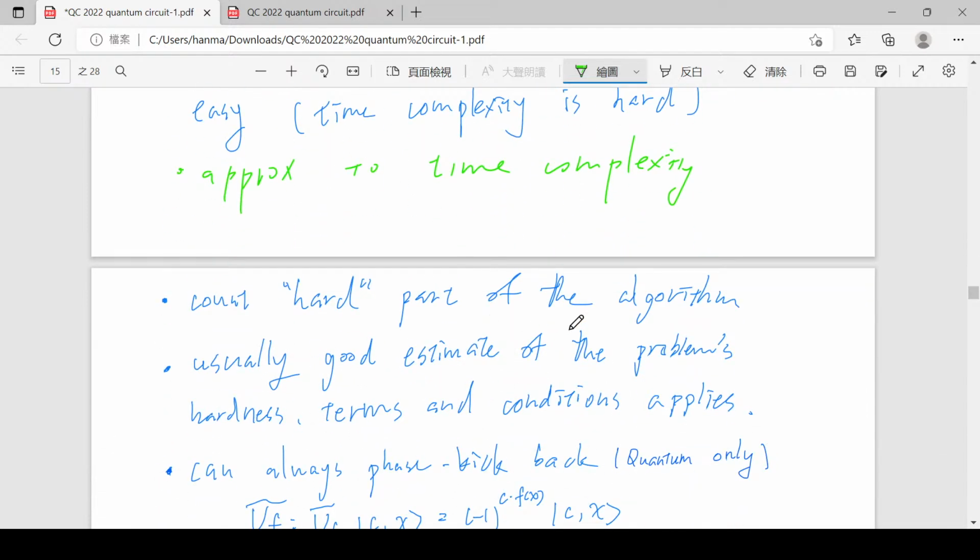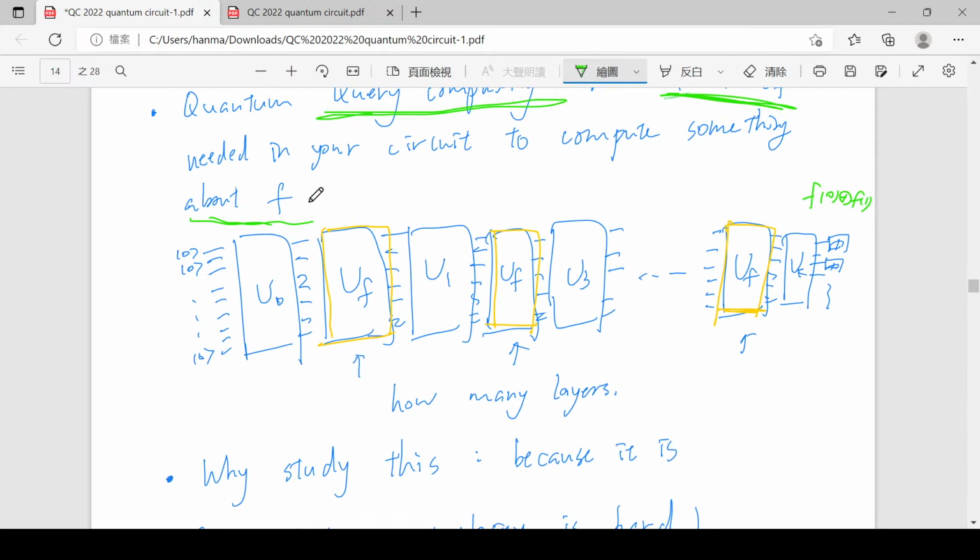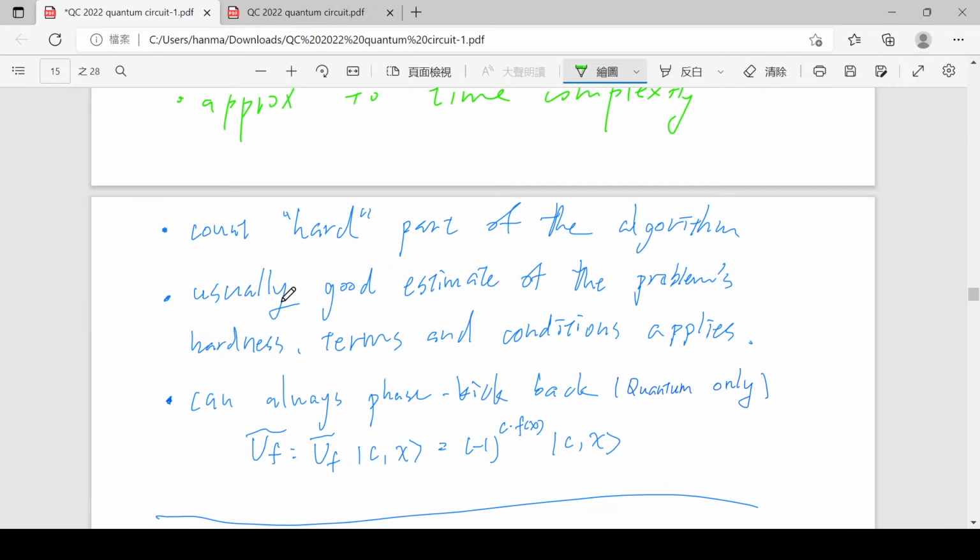The idea is there are some hard parts of the algorithm that you just abstract into this subalgorithm U of f, and we want to count how many of these hard parts you need to do. And usually it works out pretty well. You will see later in our class that it works for the 2 main quantum algorithms: Grover's algorithm and Shor's algorithm.